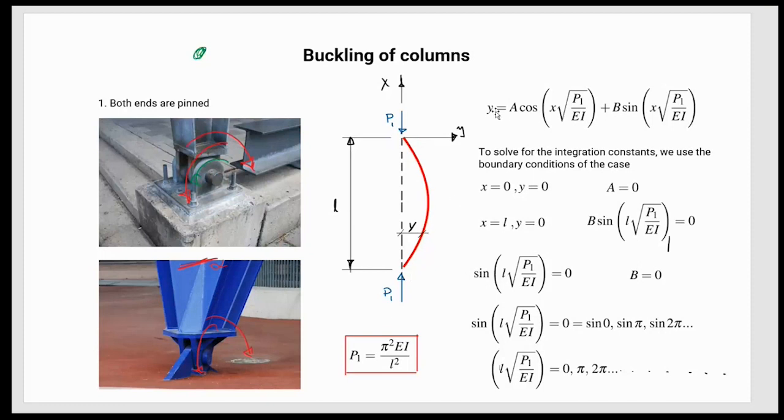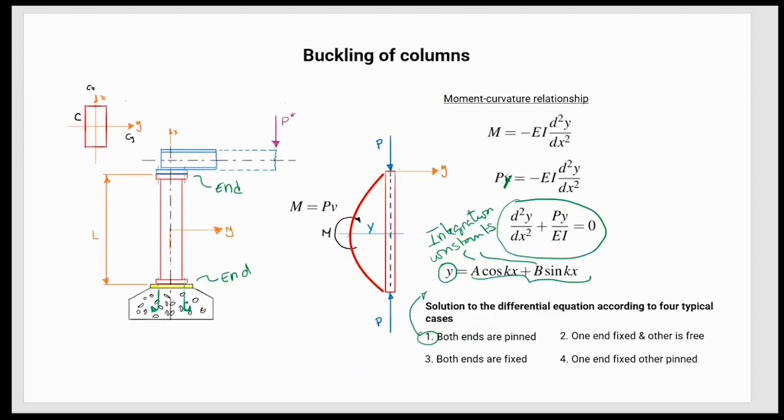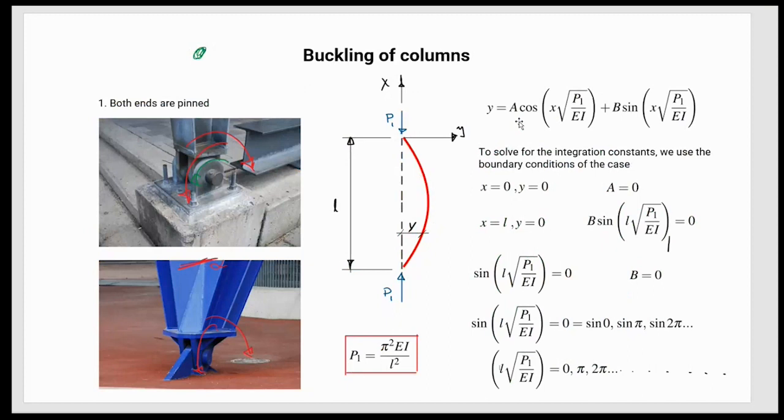If I postulate the solution to the second degree differential equation, it's going to take this form. And to solve this form, meaning to find the values of these constants, I need to take into account the boundary conditions, as mentioned.